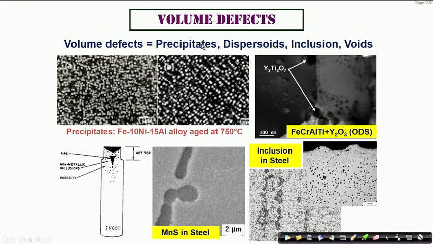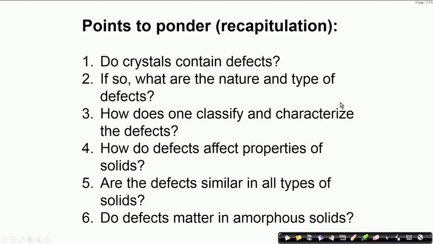And these kinds of three-dimensional entities can vastly affect the mechanical properties of a material. So in some cases they are undesirable, in other cases they are desirable, but the fact remains that dimension-wise they are different.